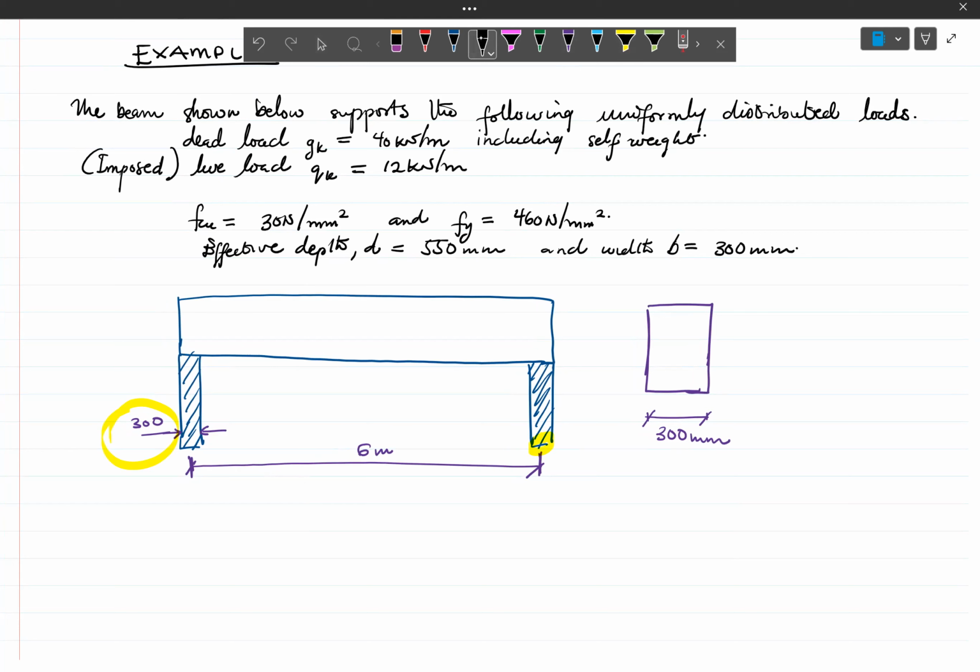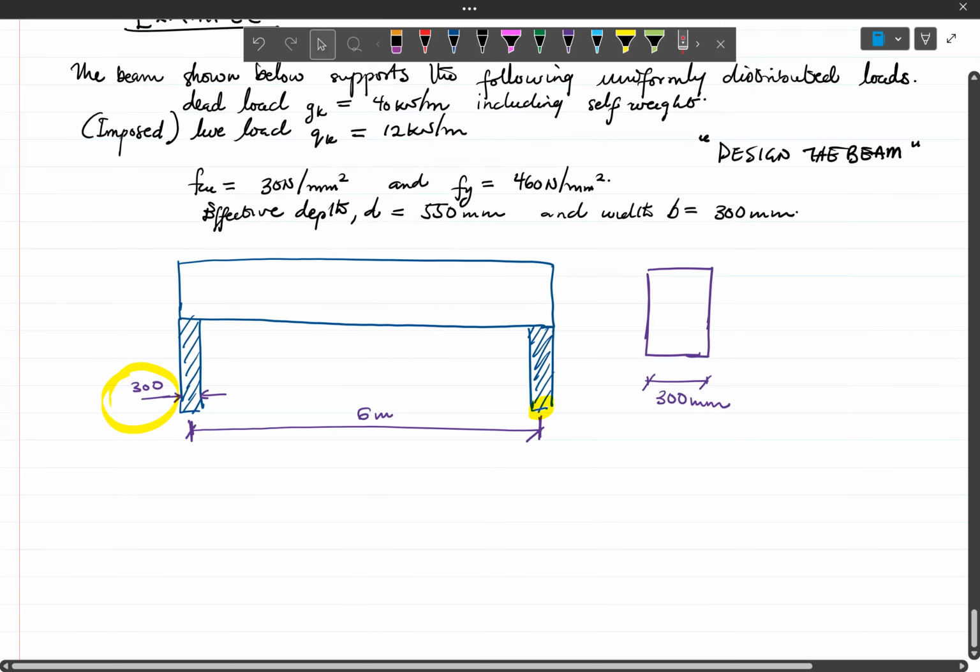So we have to design the beam. All right. So design the beam. That's the question. So in this case, we are designing for both bending and then for shear. All right.